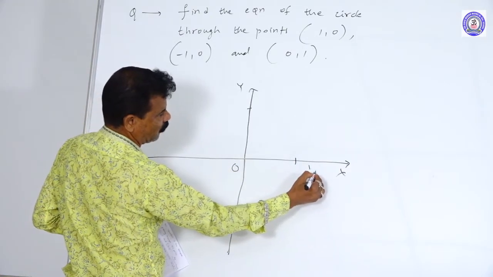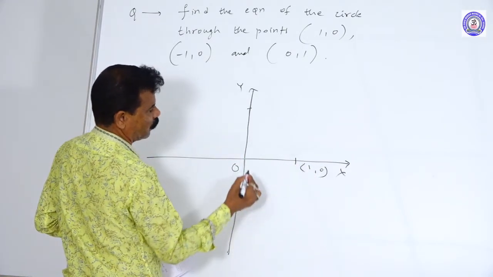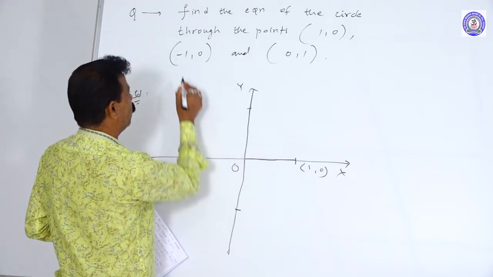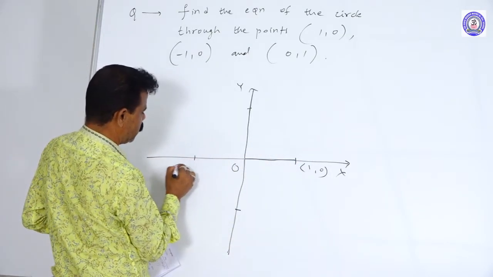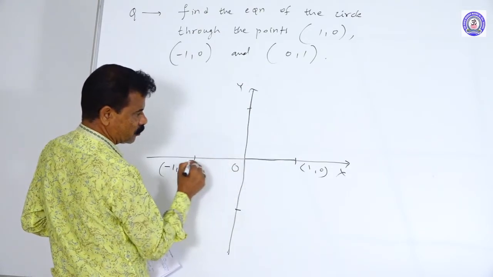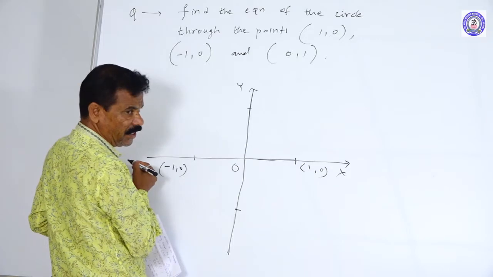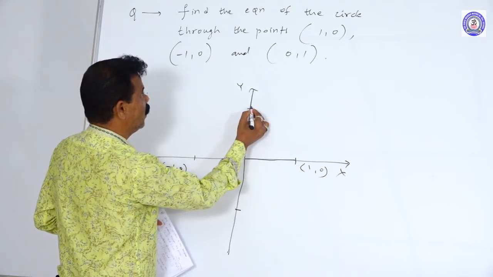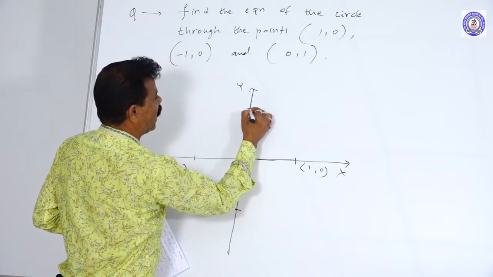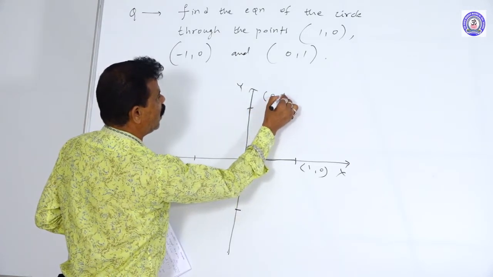This is 1 comma 0, so this distance is 1, and minus 1 comma 0. This is minus 1 comma 0, one unit distance but in the negative direction, so it is minus. And 0 comma 1 means on the y-axis. This is 0 comma 1.